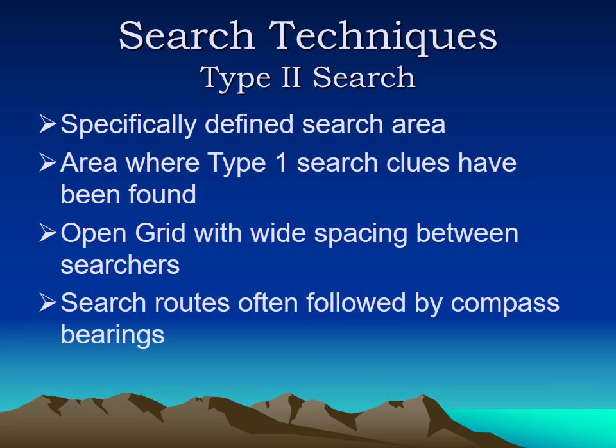In the Type 2 search, the teams are searching specifically defined search areas. They would be assigned to an area where the Type 1 search teams found clues that may have been left by the subject.